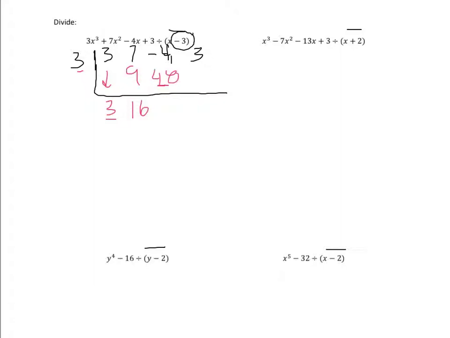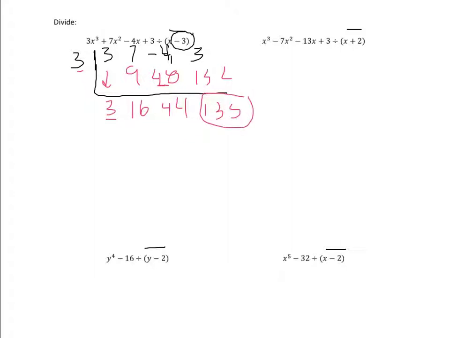So then we add these, so negative 4 and 48 is 44. And then 44 times 3, 132. That's our entry there. Add those up, 135. So right here, that's our remainder.